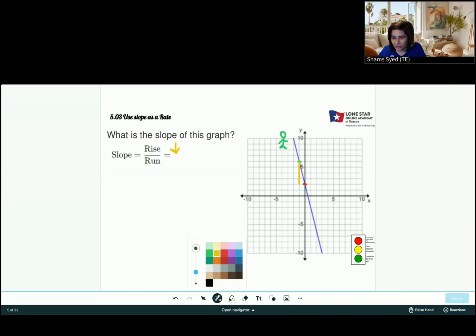It is a fall of 4, -4. It is not a rise. It is a fall. That's why it's a negative number. Regina says the run is 1. You are right. So -4 over 1. Any number over 1 is the number itself. Slope is -4.